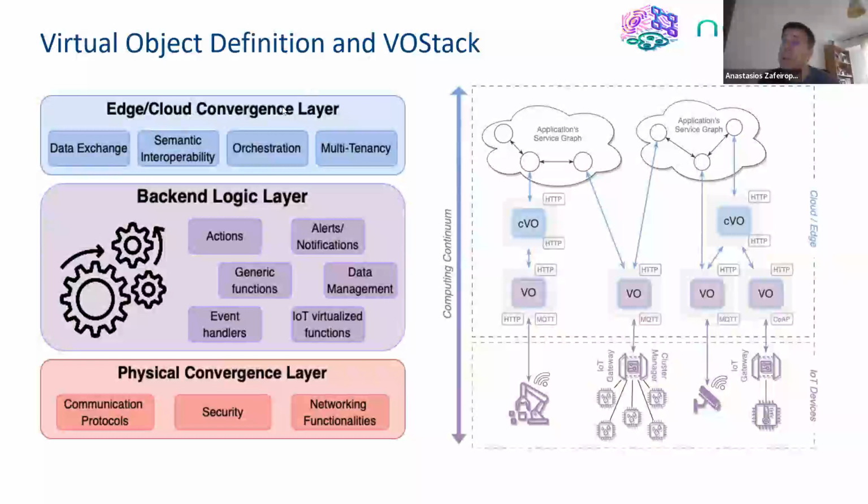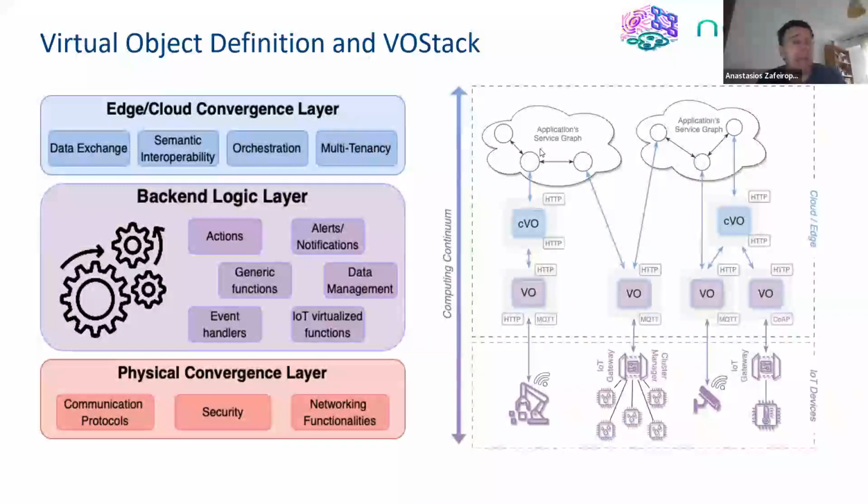And then moving to the upper layer, we have the edge and cloud convergence layer. And here we focus a lot on the interconnection of VOs and CVOs with the application graphs. So we need a lot to have orchestratable services. Focus a lot also on semantic interoperability. So we want to develop solutions that can support different semantic protocols for interaction with the application.